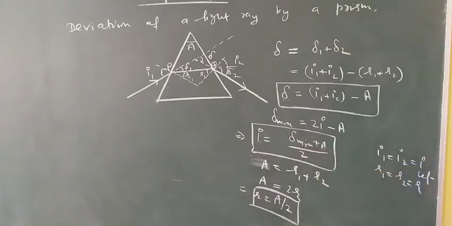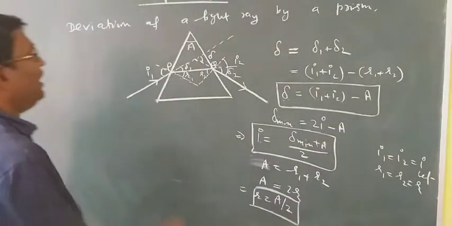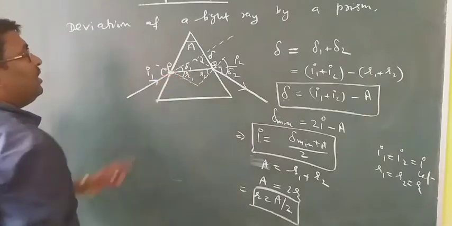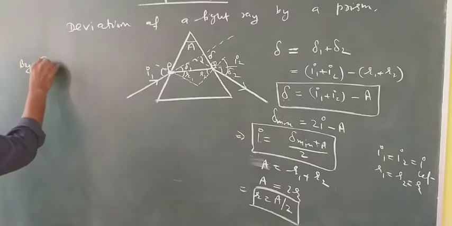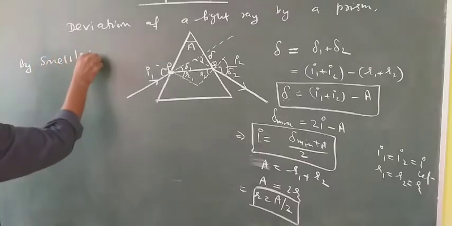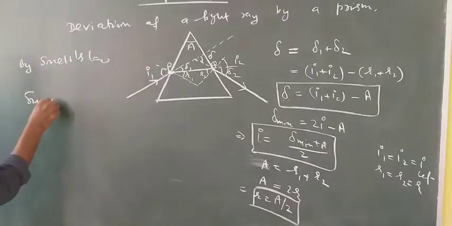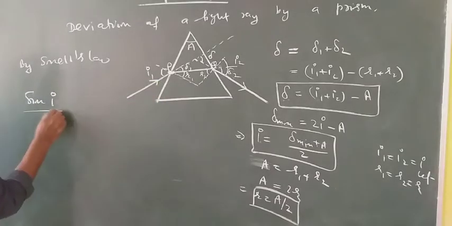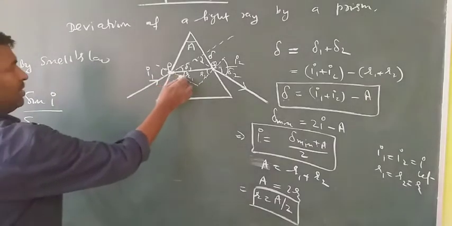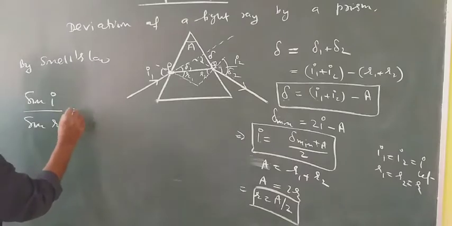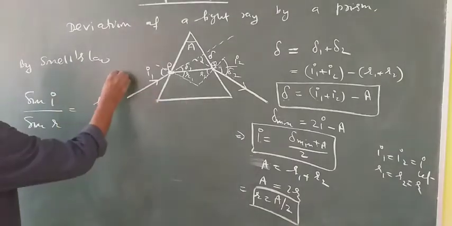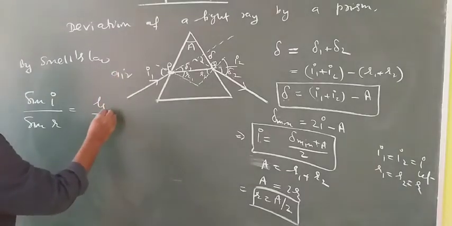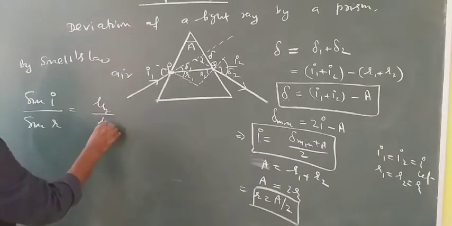plus A by 2. Now just see, at this point if we apply Snell's law, so by Snell's law sine I1, which is I, upon sine R1, which is R, will be the refractive index of the prism upon the refractive index of air. Here the refractive index of the medium means glass upon the refractive index of air.